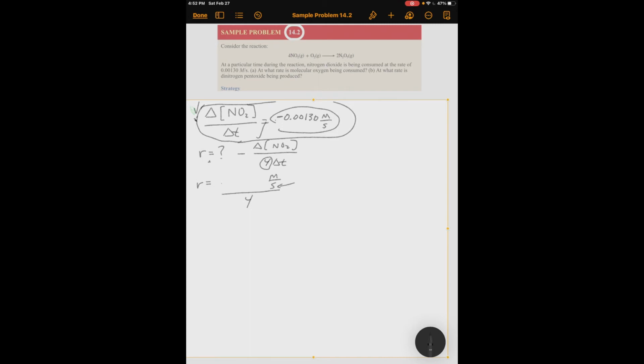So 0.00130. So I'm going to write that out, calculate that out, and now you're going to get a really small number. It's so small that it needs to be in scientific notation. It's just too small to put zeros in anymore.